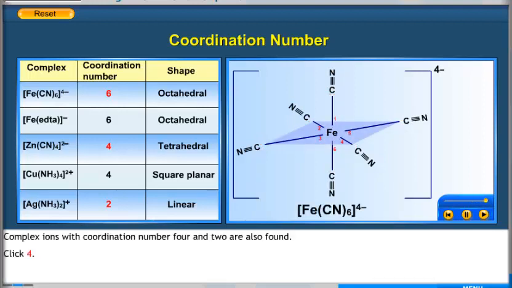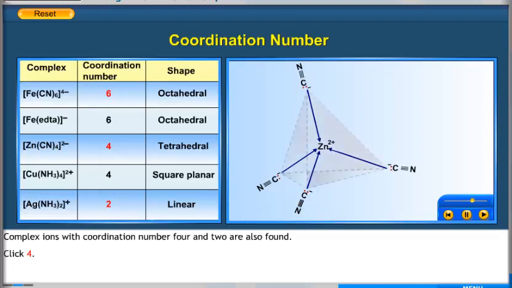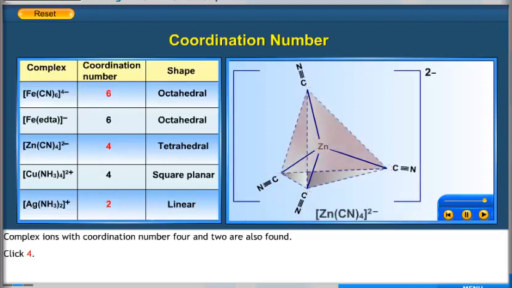Complex ions with coordination number 4 and 2 are also found. Click 4. Now click 2.